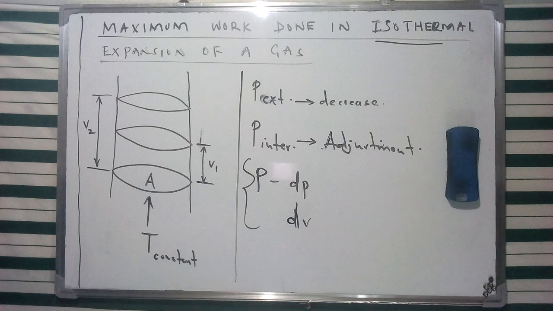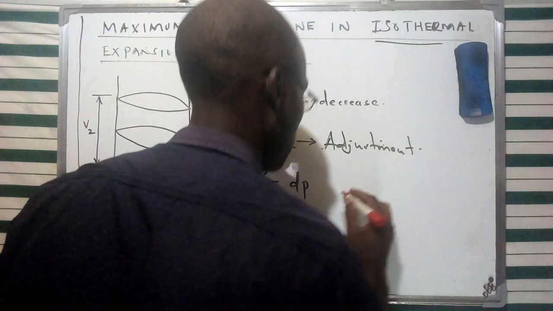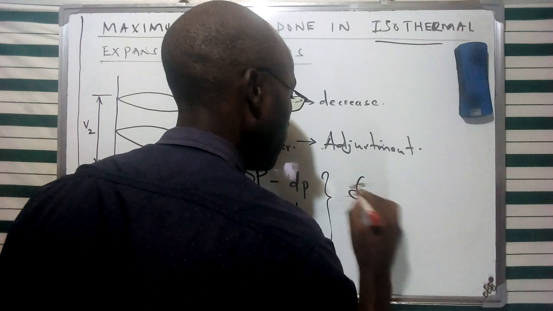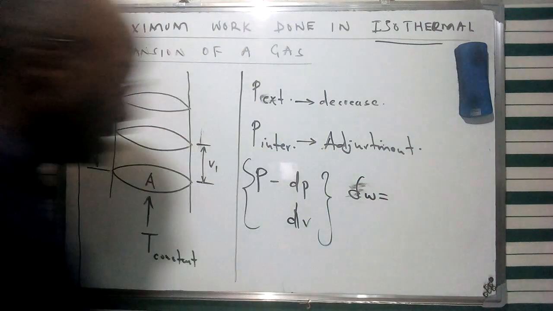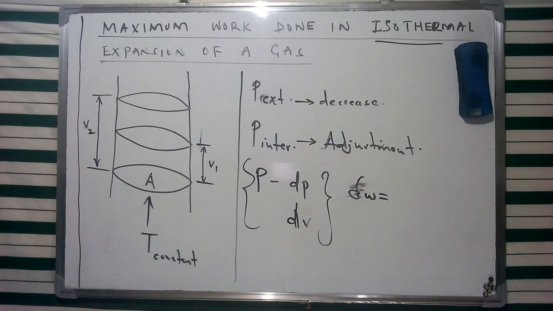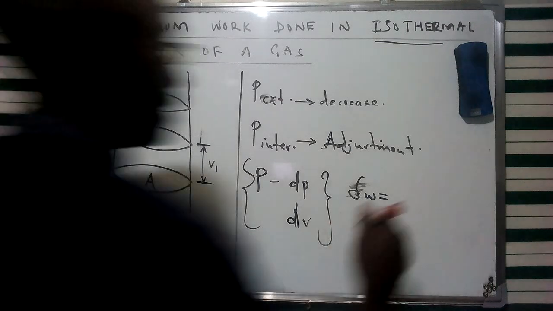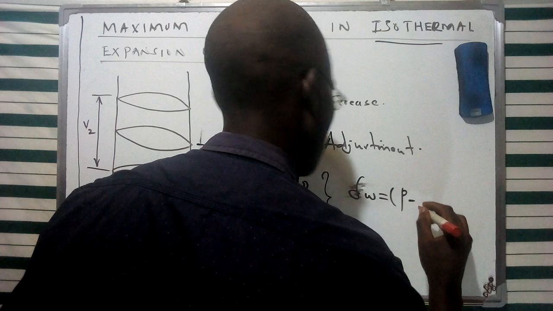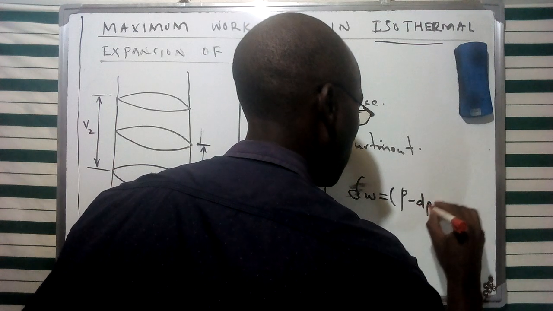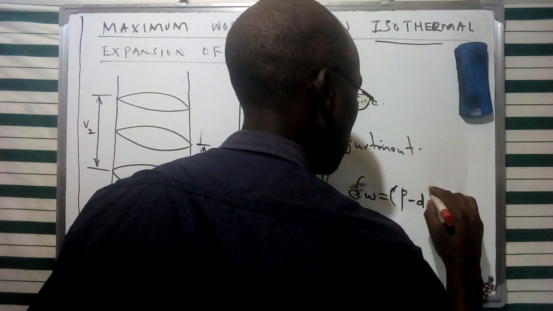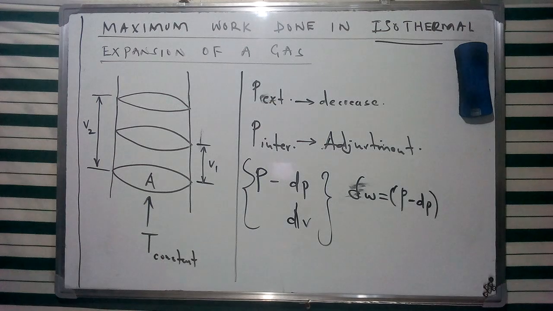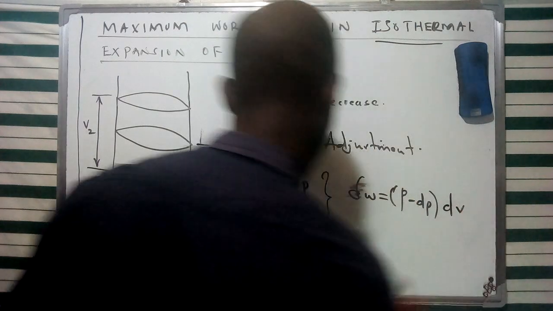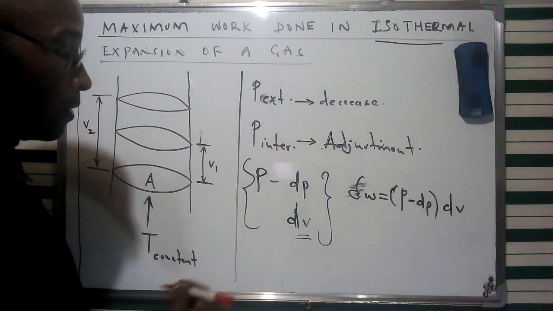So therefore the small change, or an element of work, that is going to be experienced from this can be given as dW, which is work, of course, which can be described as the internal pressure minus this small adjustment in pressure, dP, and therefore that is going to be given as the change in pressure times the change in volume, which I've given as such.